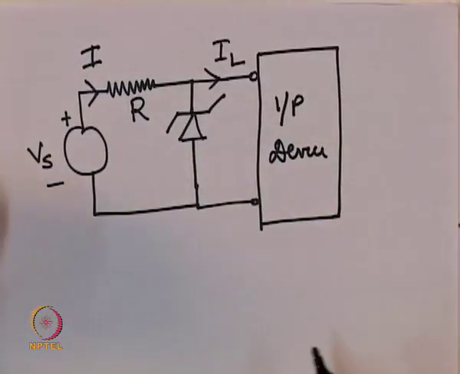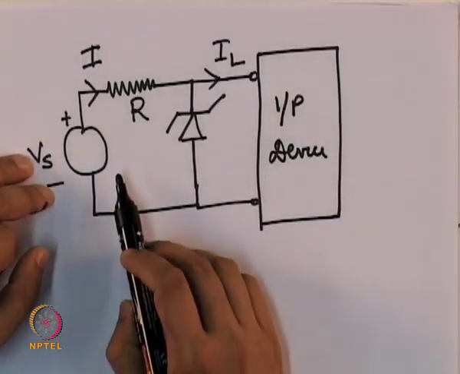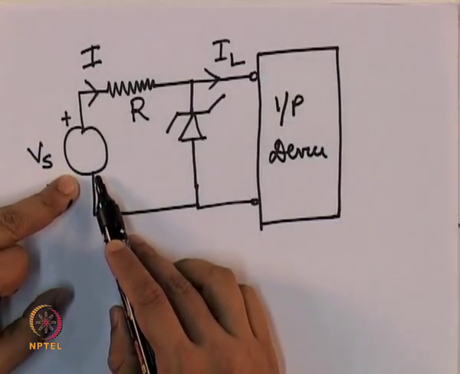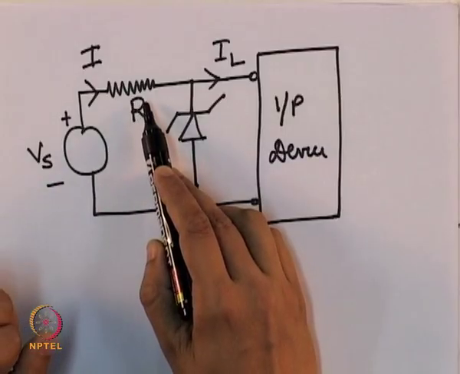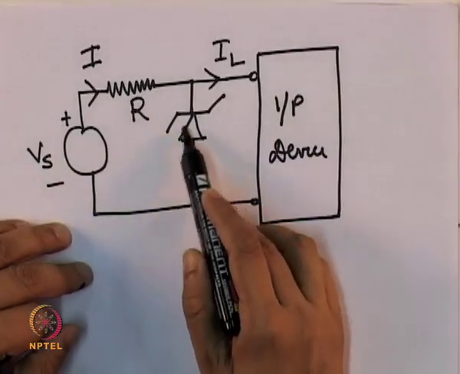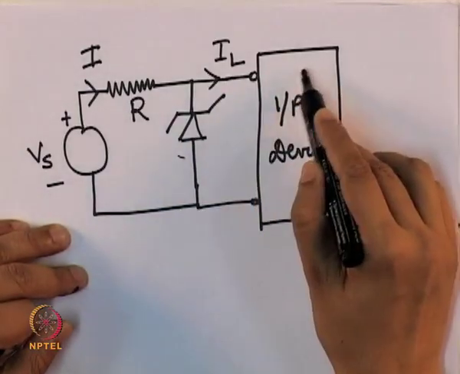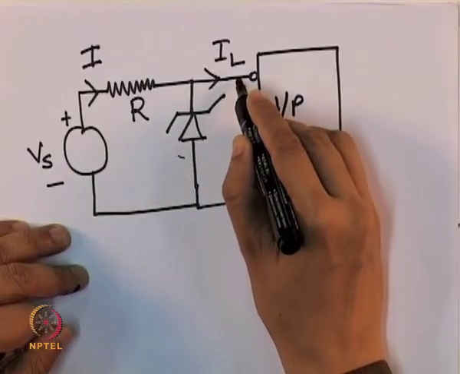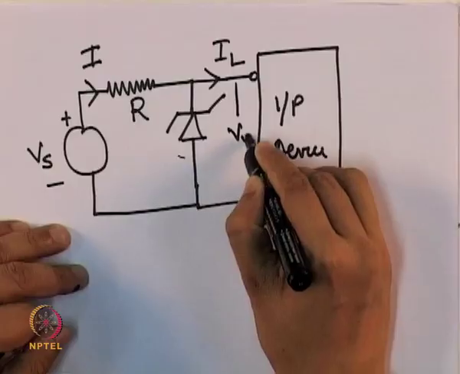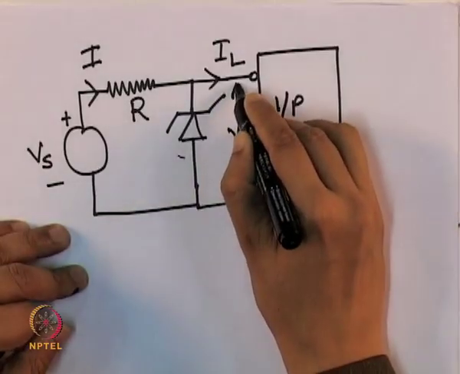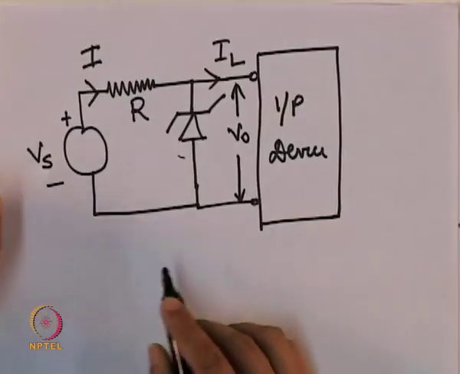The circuit is very simple actually. You have a source Vs with an internal resistance R. This is our Zener diode, and the output voltage produced by this Zener diode is fed to some device.